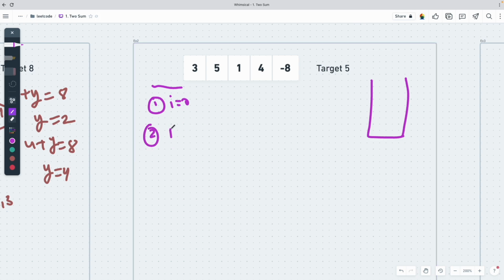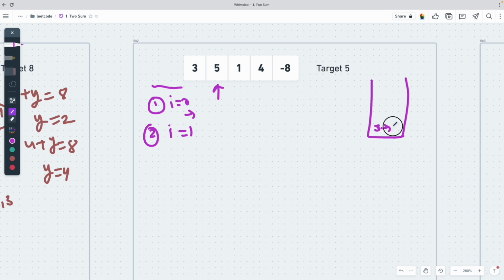So in the second iteration, when i is 1, okay, in the first step we didn't find the element, but when we didn't find, we have to put this element in the hash map so that the next comparison becomes easier. Okay, so when at i equal to 0 we didn't find 2, which is 5 minus 3, what we will do is we will just put 3 in the hash map.